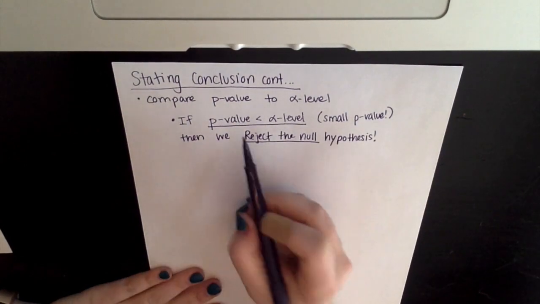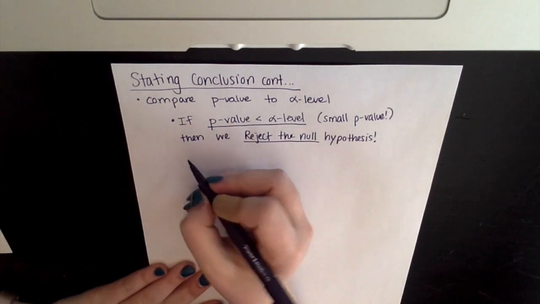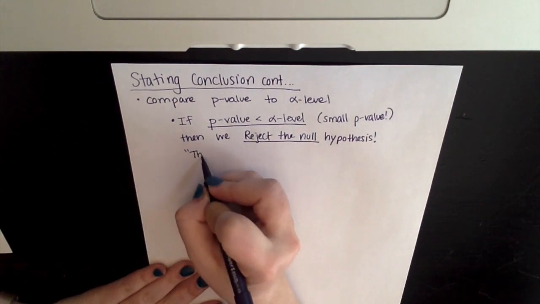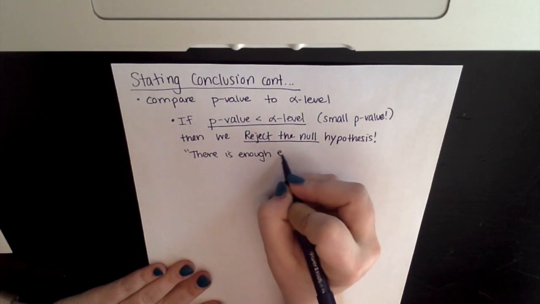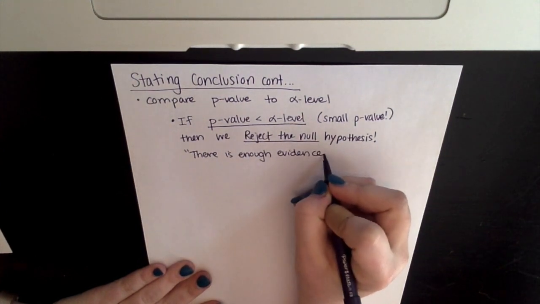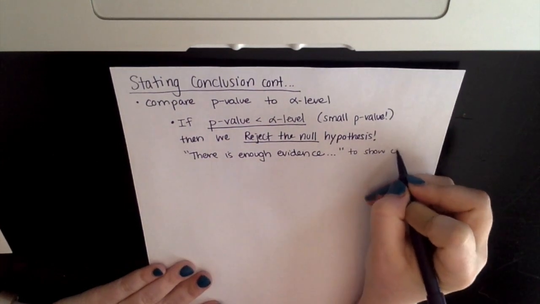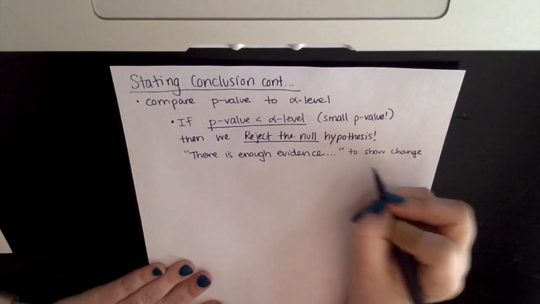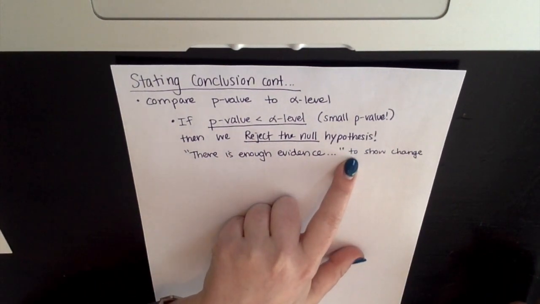All right, so p-value being less than alpha means we reject the null, and then we get to conclude there is enough evidence, and then we get to write to show change, okay, in whatever context that means in our problem.